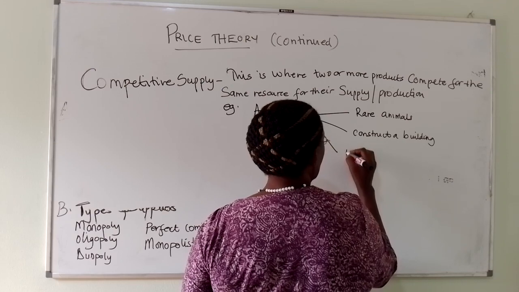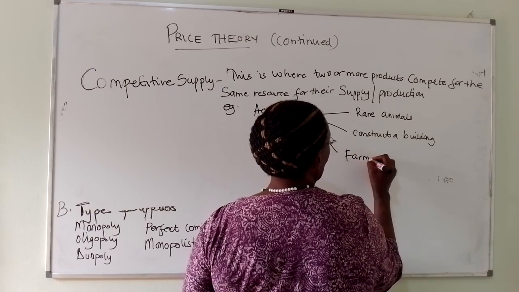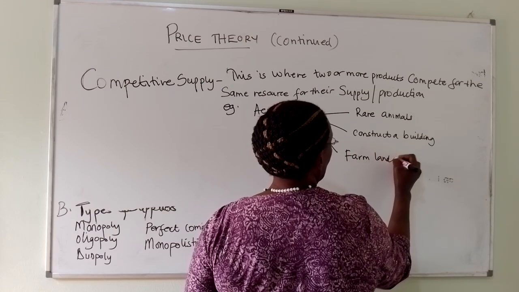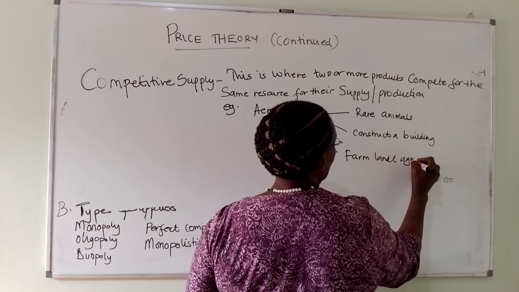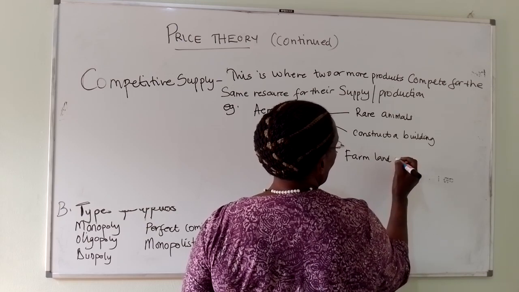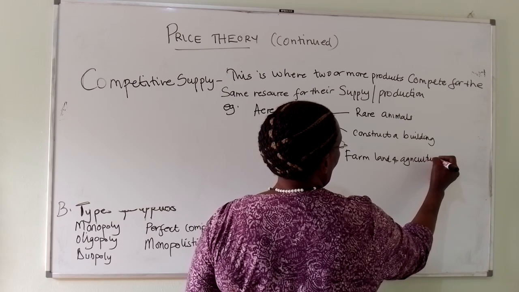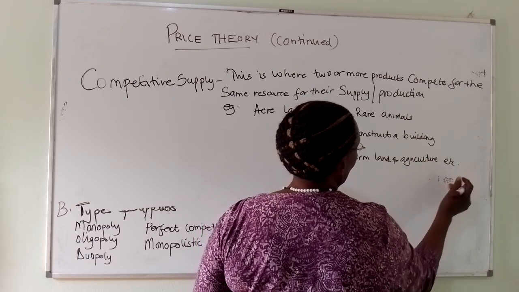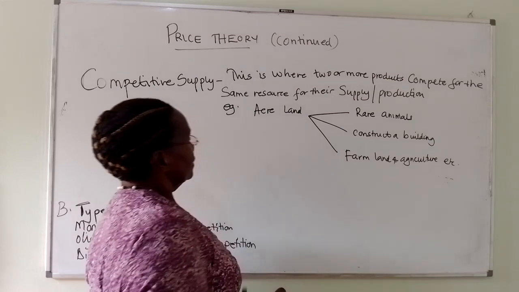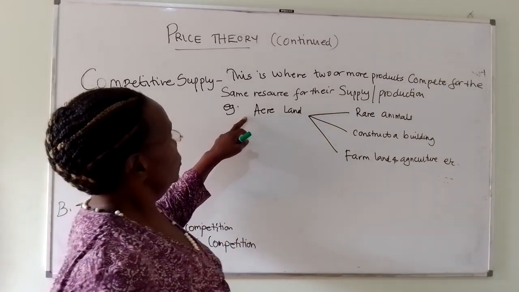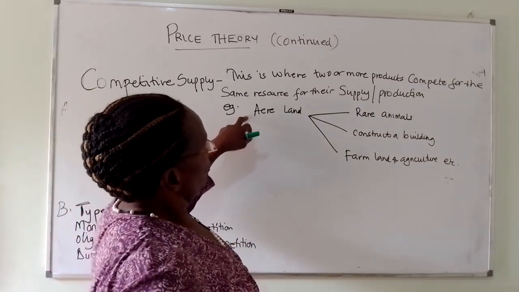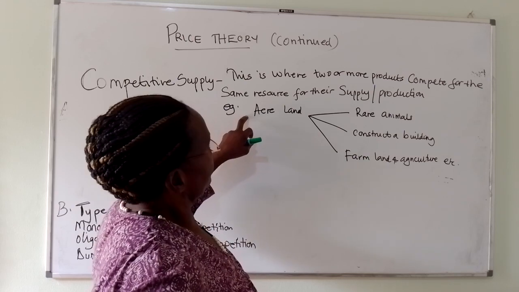Or you can use it as farmland for agriculture. And many other uses. So this land is versatile as a factor of production. It can be used for many activities.